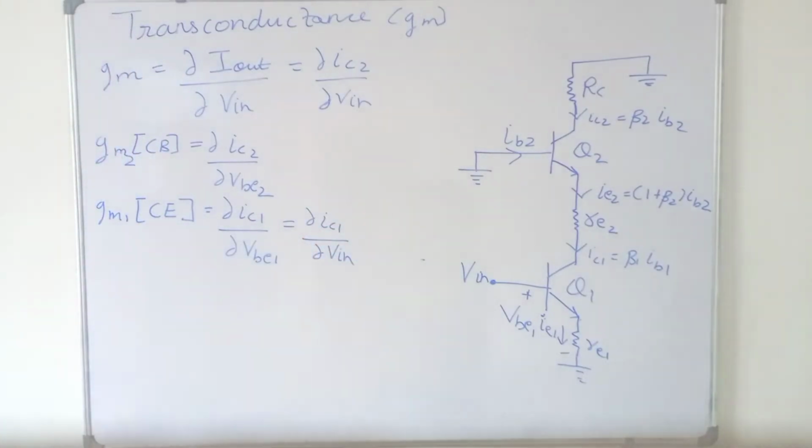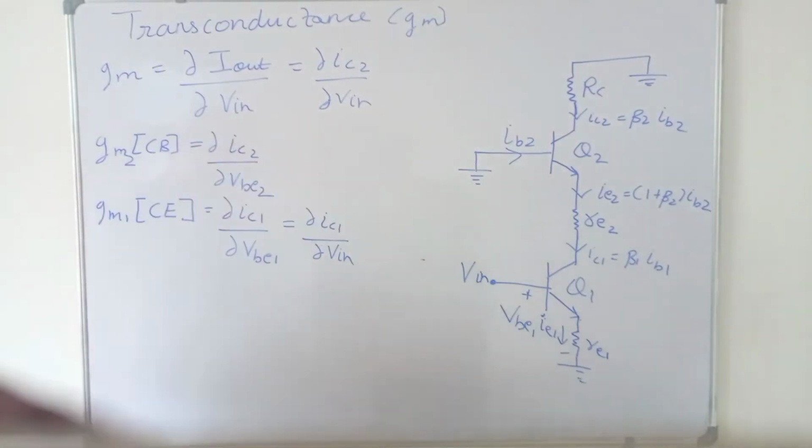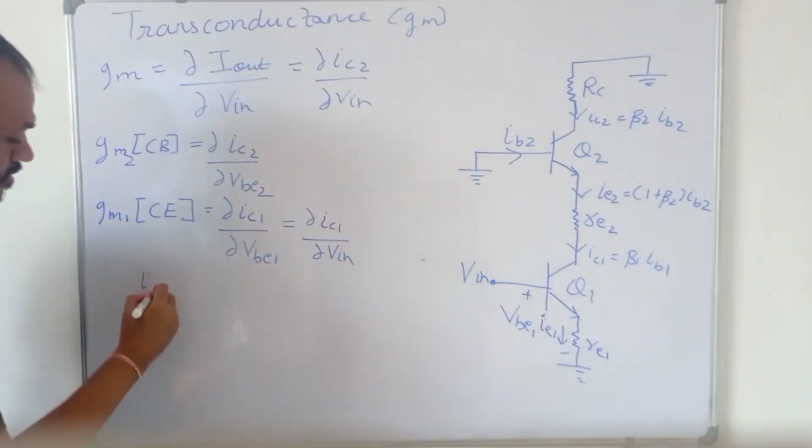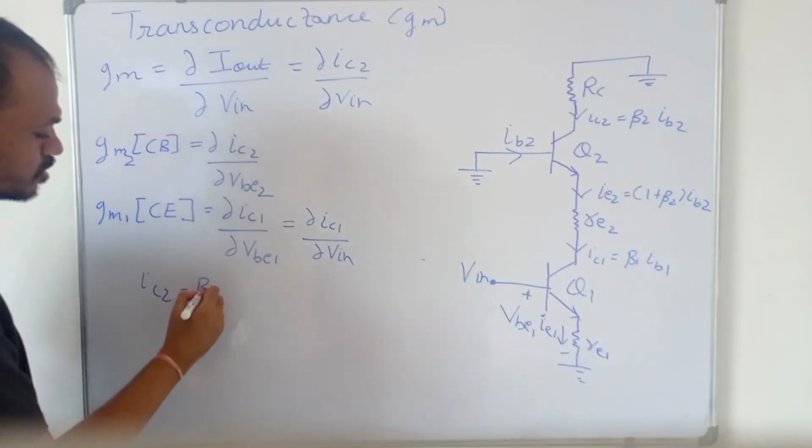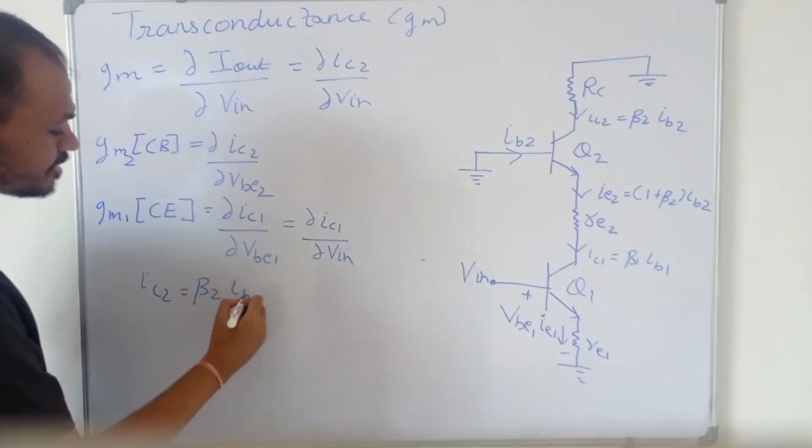Delta V input. Okay. So this is the transconductance for common emitter stage. Now you can see IC2 equal to beta 2 IB2.